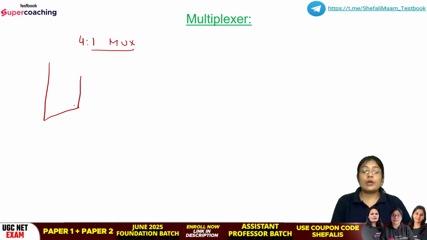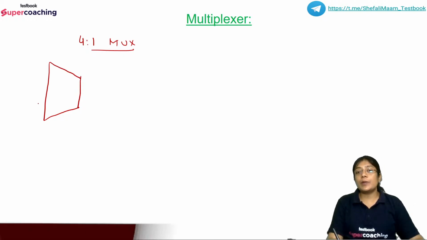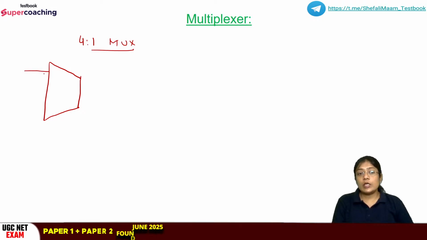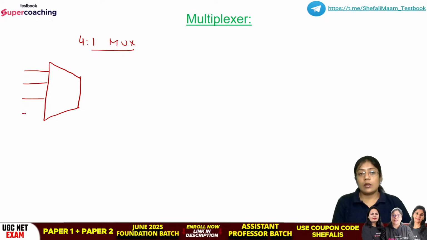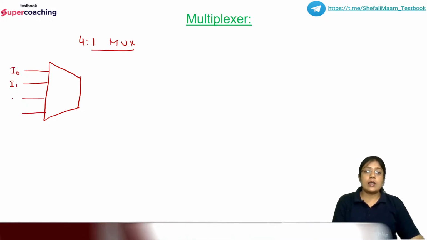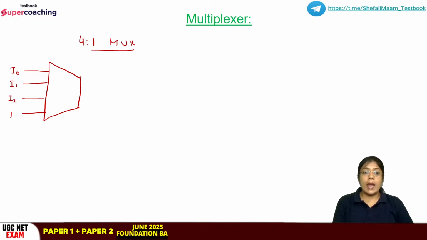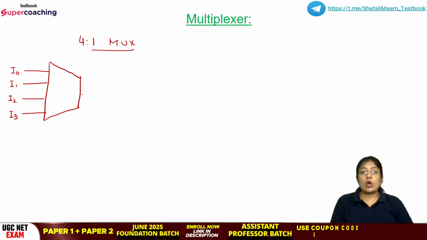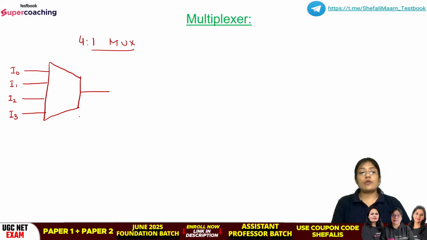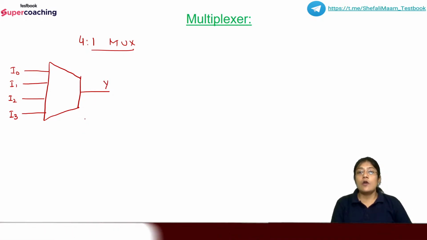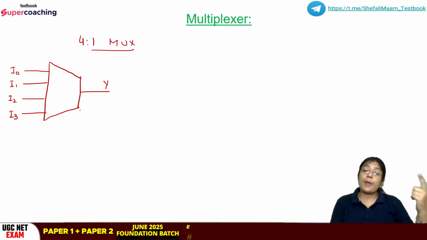If we have 4:1 multiplexer, can you tell me how many select lines will be there? 4:1 means there are 4 input lines. This is I0, this is I1, this is I2 and I3. So in order to represent 4 combinations or 4 input lines, how many select lines are required? 4 is nothing but 2 raised to power 2.